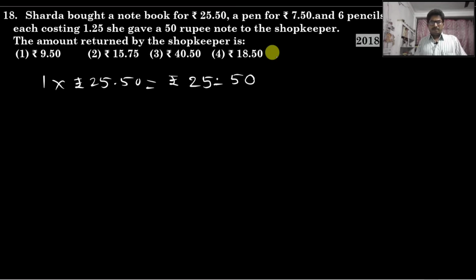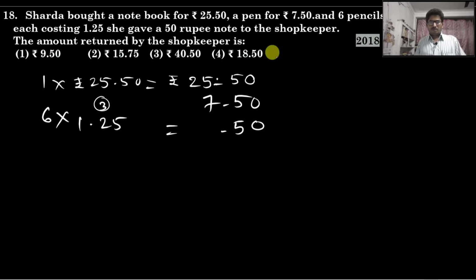A pen, one pen only, 7 rupees 50 paise, and 6 pencils. So 6 pencils, each 1 rupee 25 paise. 6 5s are 30, 6 2s are 12, 15, 6 1s are 6, 7 rupees 50 paise.